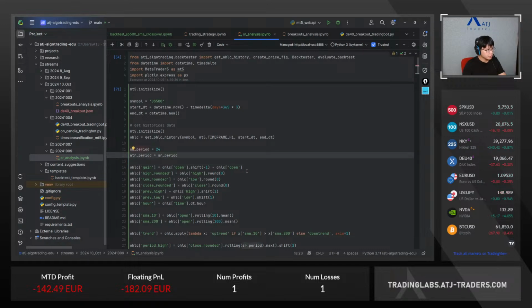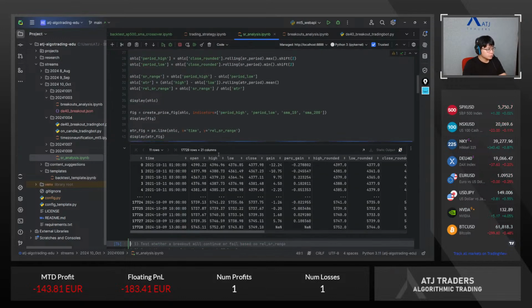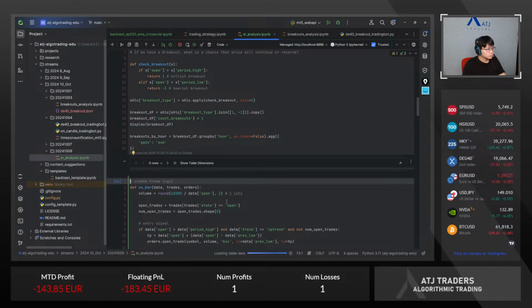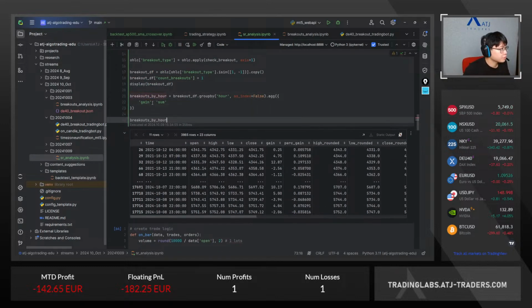I think that should be better. So our percentage gain is equal to our gain divided by the open price, and let me just multiply it by 100, so we will now work in percentages. So let's run all of this again. So we have percentage gain, which is our sum.